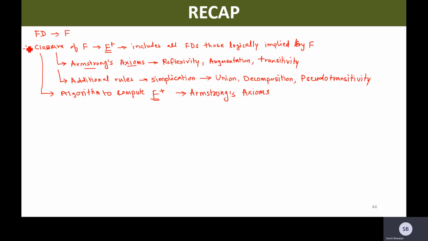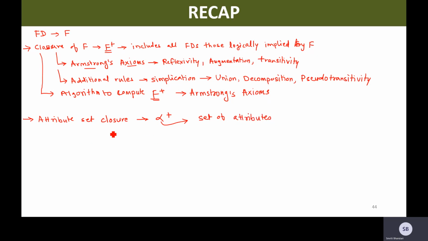Now, after the detailed discussion of F plus, we have seen the concept of attribute set closure. So this is denoted as alpha plus, where alpha is a set of attributes.